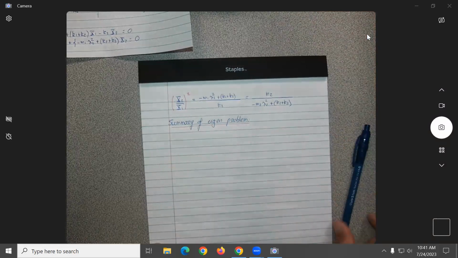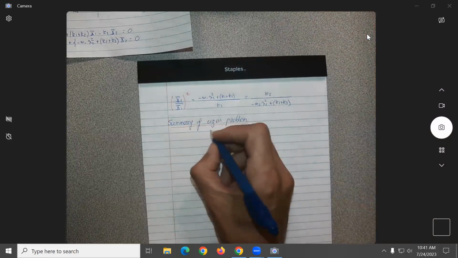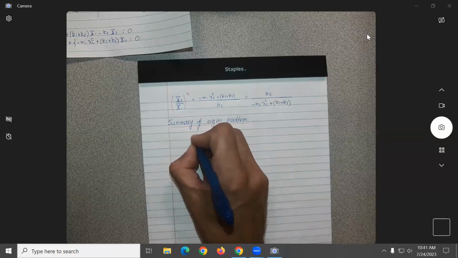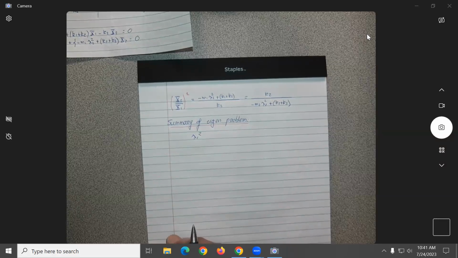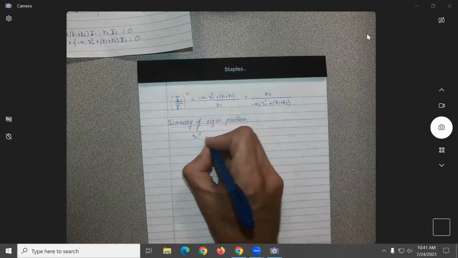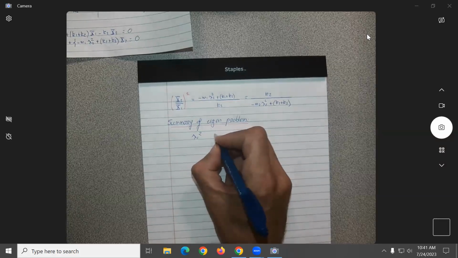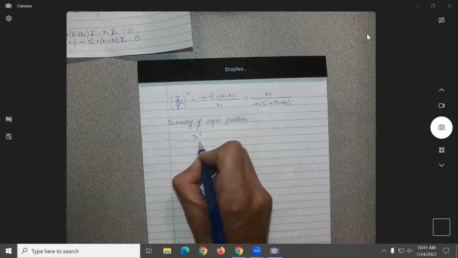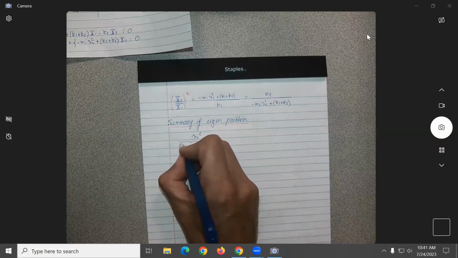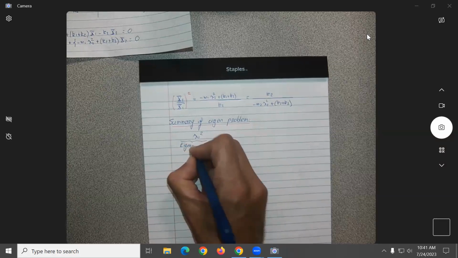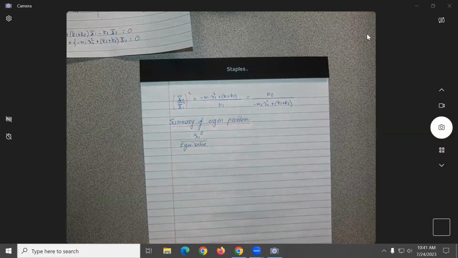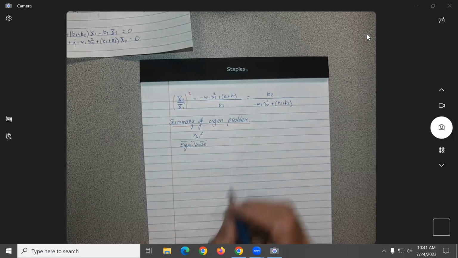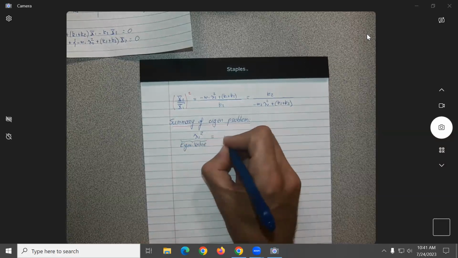Okay, so let's see, the lambda 1 square, this value is known as the eigenvalue. Okay, so it's called the eigenproblem. And we said that this was equal to what?